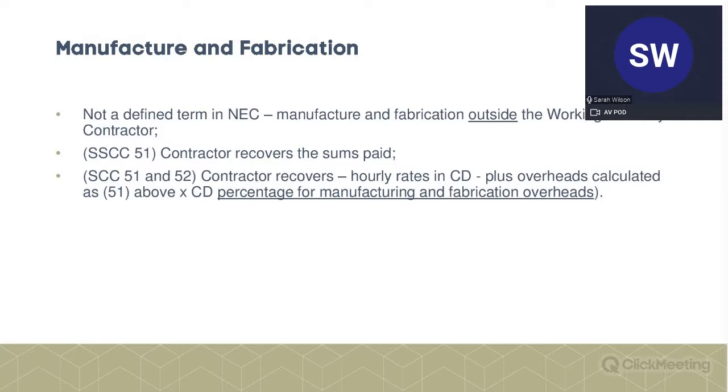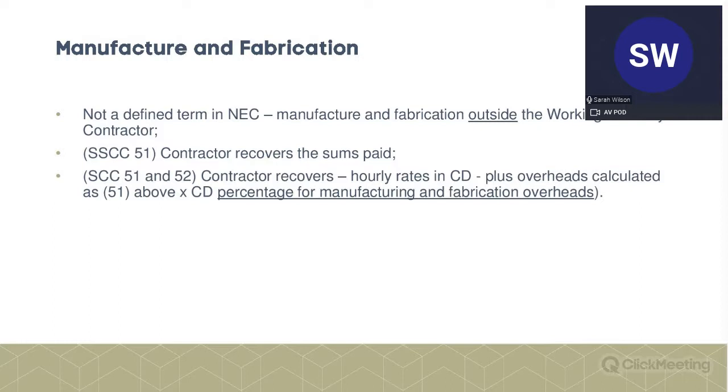So manufacture and fabrication. Manufacturing and fabrication, just going to touch on really quickly. It's basically for outside of the working areas. So I suspect it's probably quite rare for your work. You recover the hourly rates. They're going to be in the contract data, so please remember to put them in if you've got this scenario.